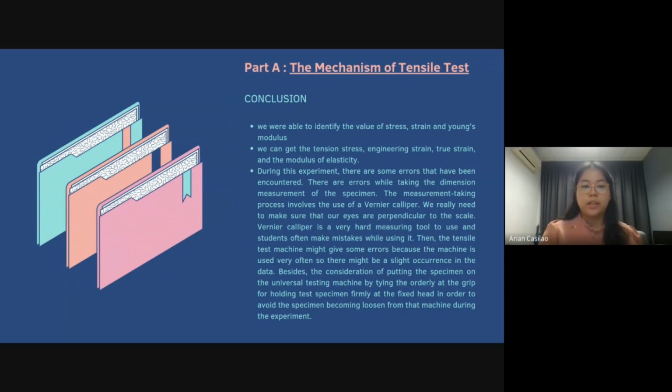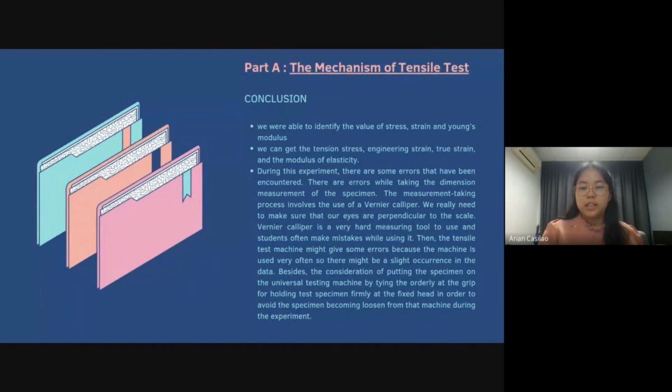However, the experiment encountered some challenges. Errors cropped up during the measurement of the specimen's dimensions, particularly with the use of a vernier caliper. The precision of this tool demands careful attention to ensure accurate readings. Furthermore, the frequent use of the tensile test machine introduced the possibility of slight errors to the data.